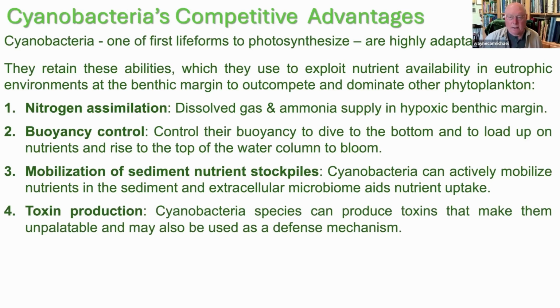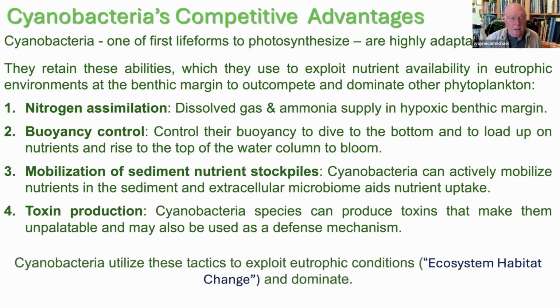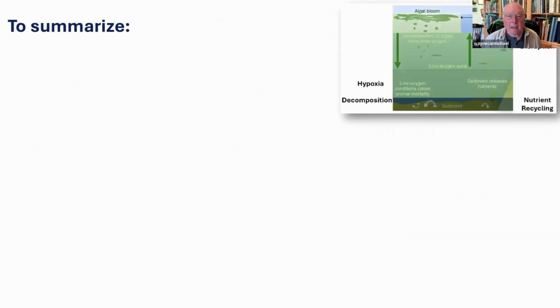Now, we don't really know what these toxins are used specifically by the cyanobacteria for, but there is some evidence that it does make them more unpalatable and therefore reduces the grazer's ability to eat them, and they may be used as defense mechanisms as well. But cyanobacteria utilize these tactics to exploit the eutrophic conditions. In other words, they affect ecosystem habitat change and come to dominate.